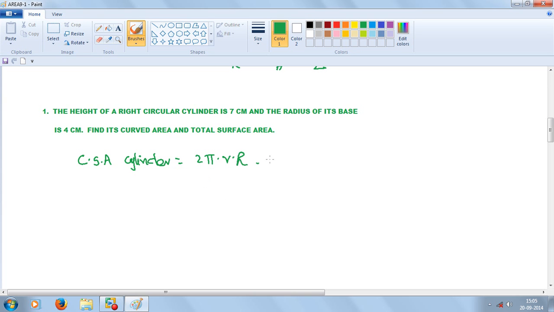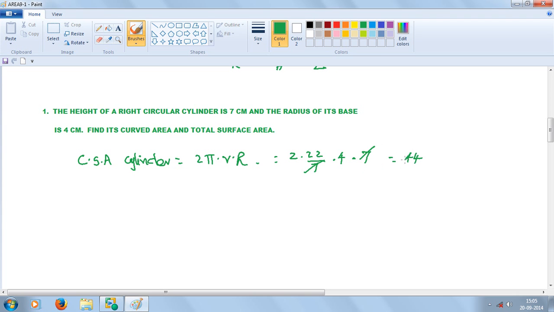So value of pi, we will take it as 22 by 7. 2 multiplied by 22 by 7 multiplied by radius is 4. Height is 7. So the 7 will cancel.